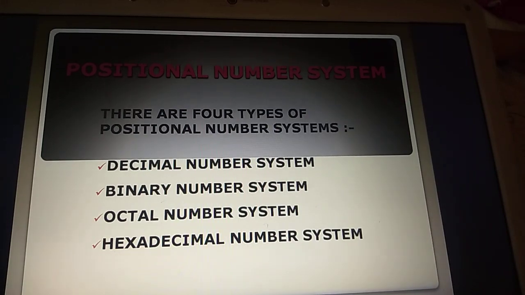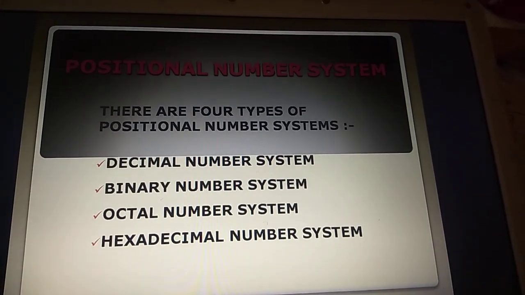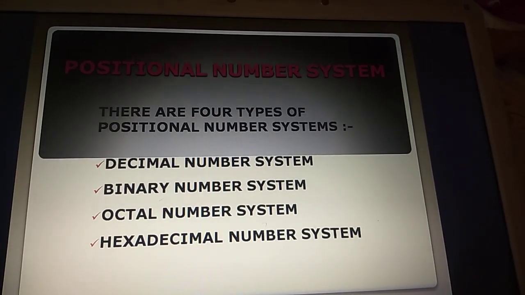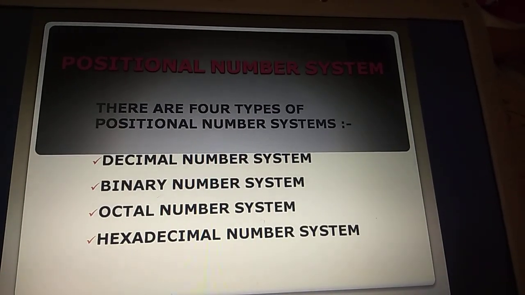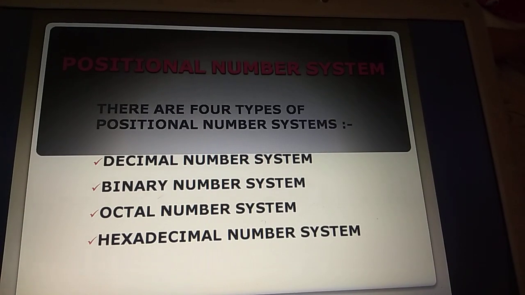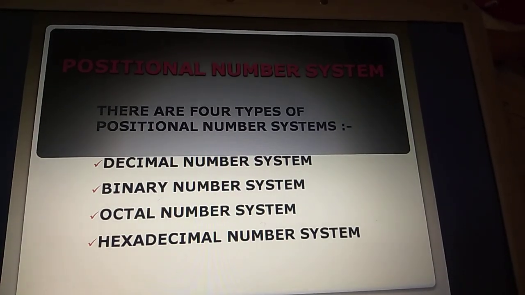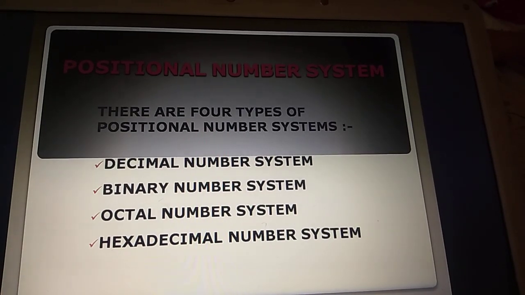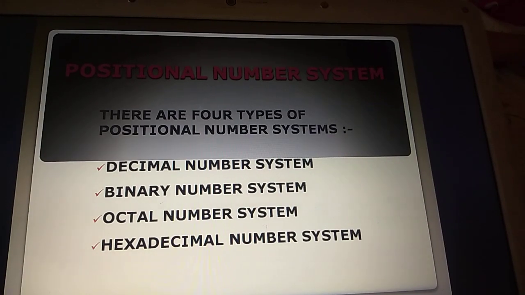Octal number system uses 8 digits from 0 to 7. That is why it is known as the number system with base 8. Then comes hexadecimal number system. It uses 16 symbols from 0 to 9 and A to F alphabets. That is why it is known as the number system with base 16.